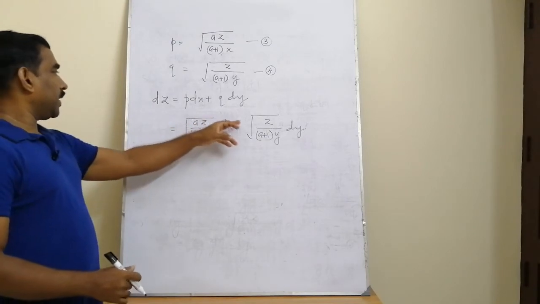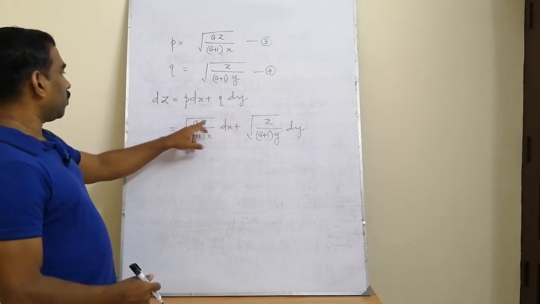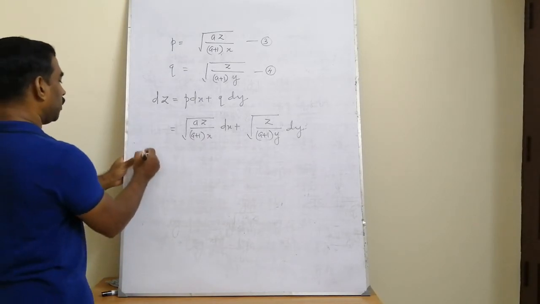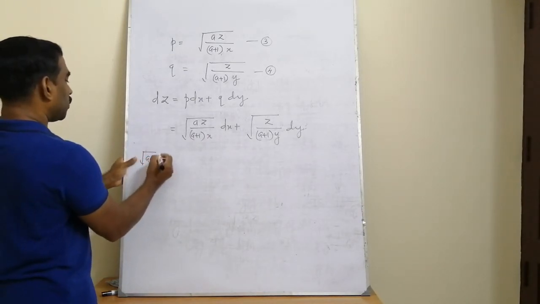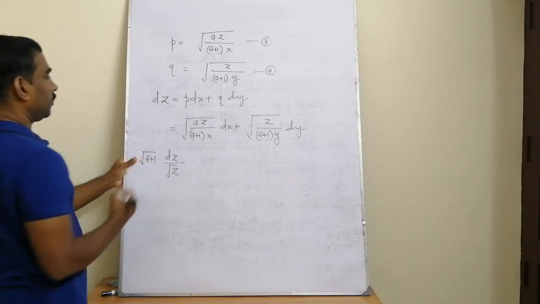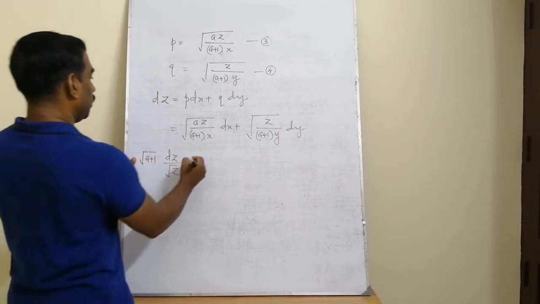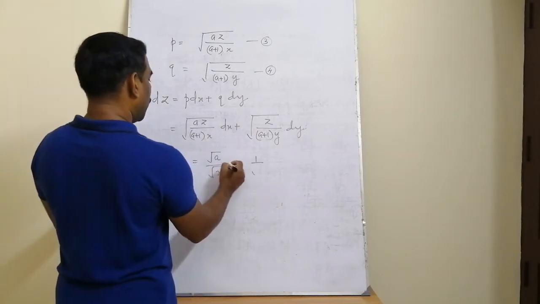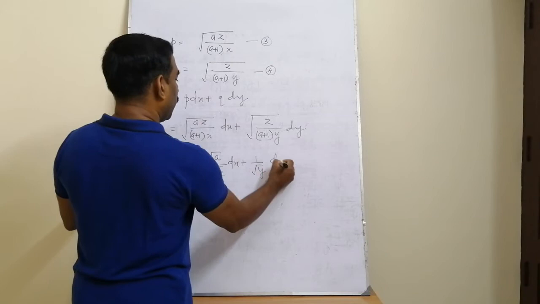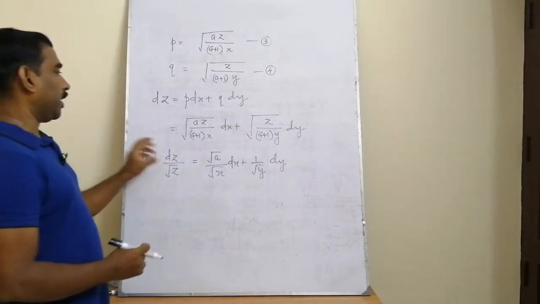From the right hand side we can remove the term root of z by (a plus 1). So multiplying with the reciprocal, we have square root of (a plus 1) into dz by root z is equal to root a by root x dx plus 1 by root y dy. So that is in a directly integrable format.